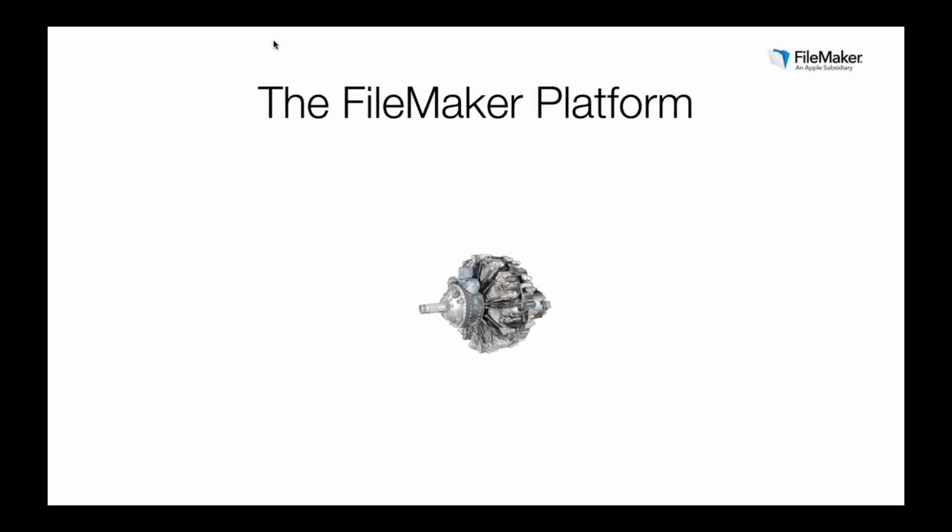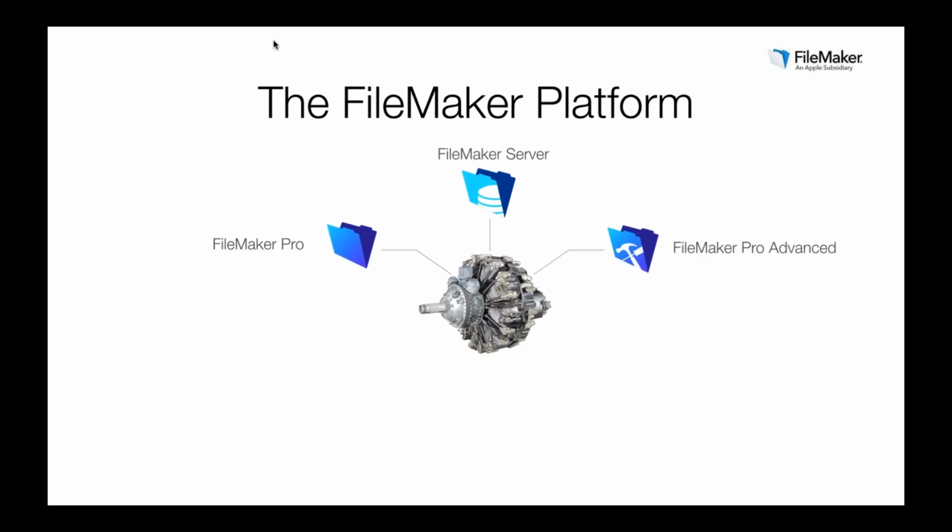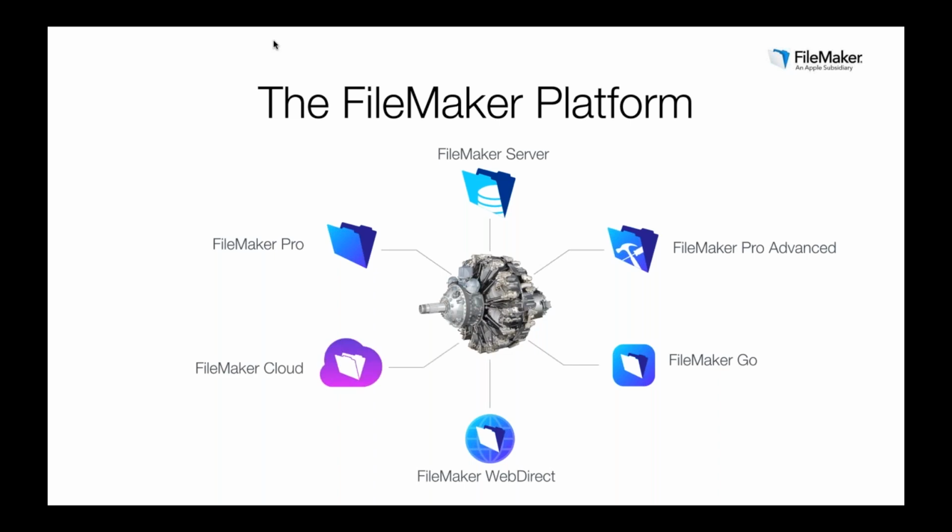So the FileMaker platform, again, our big recipe for success, our secret sauce, is the Draco engine. That's our proprietary database engine, and it powers FileMaker Pro. It is shared with FileMaker Server, which is fully integrated with the Draco engine, as well as Pro Advanced, FileMaker Go, WebDirect, and the cloud.